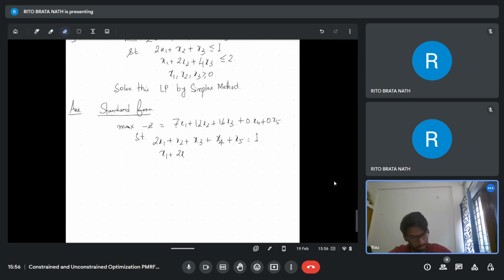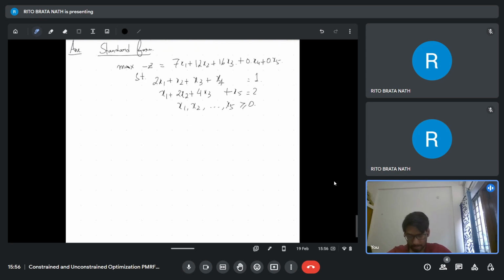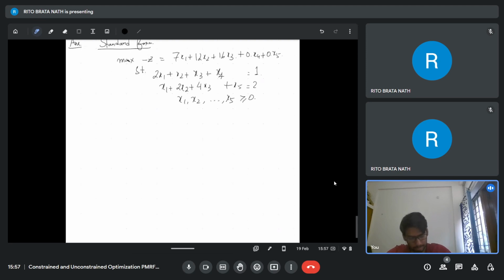Oh, missed one here. And for the next equation, it's 5, and x1, x2 up until x5, it is greater than or equal to 0. So now let's solve it.